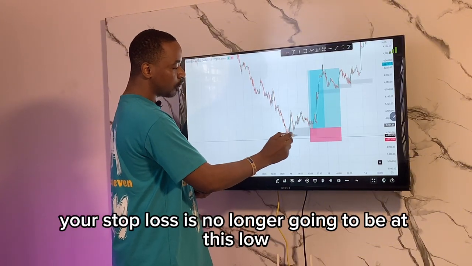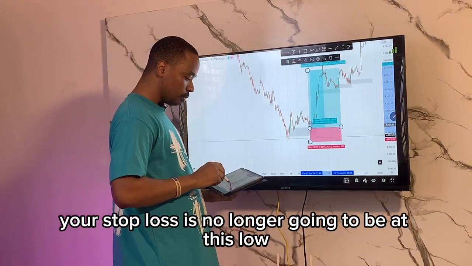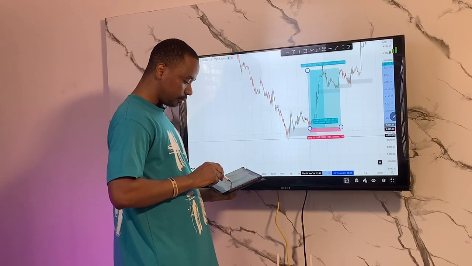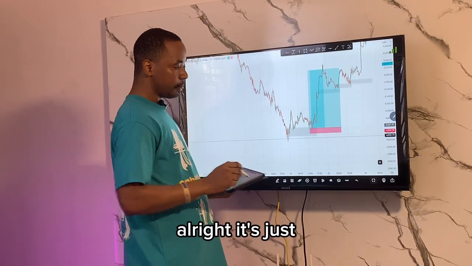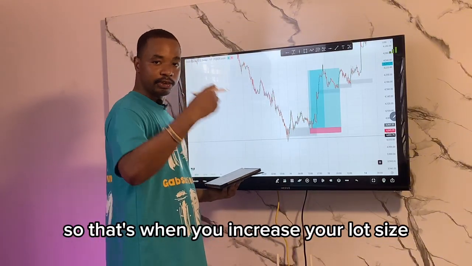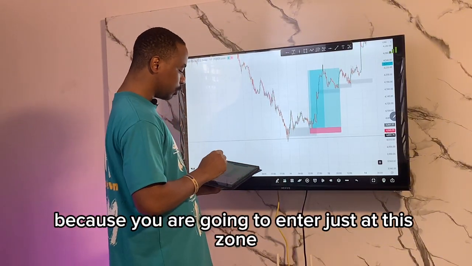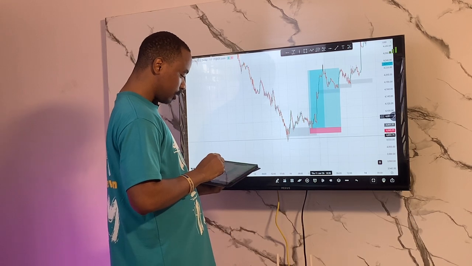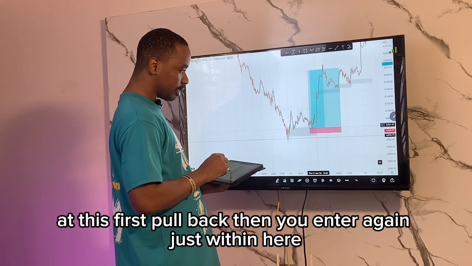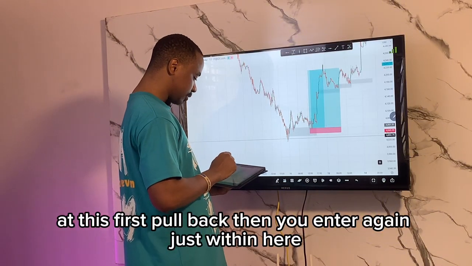Your stop loss is no longer going to be at this low, but just below this other low. So that's when you increase your lot size, because you are going to enter just at this zone. You are going to enter at this first pullback, then you enter again just within here.